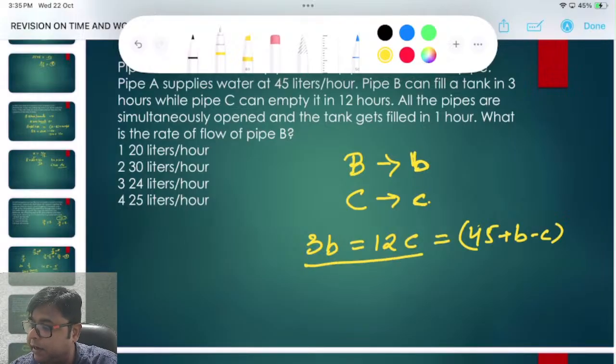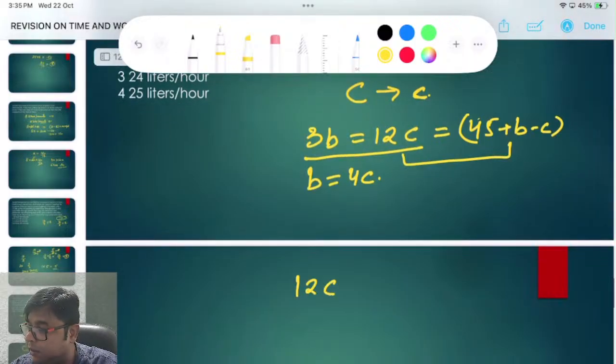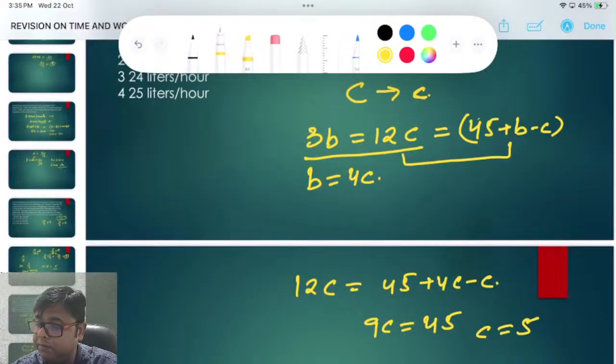Now from here I get a relation that B is equal to 4C. So if I put it here and use these two, I get 12C is equal to 45 plus 4C minus C. So 9C is 45, so C is 5. The efficiency of C is 5.